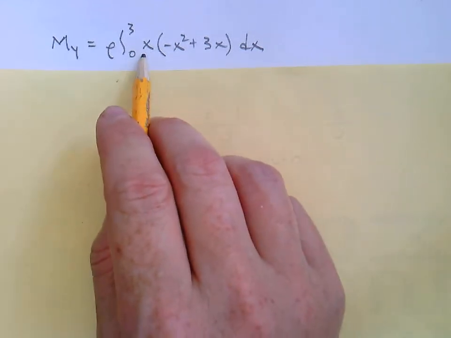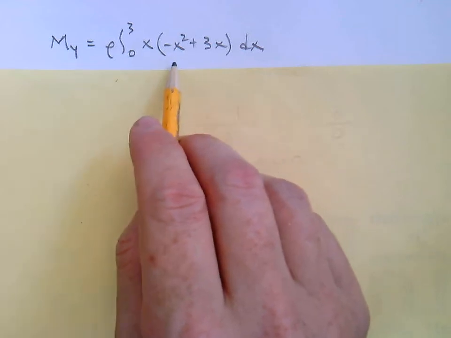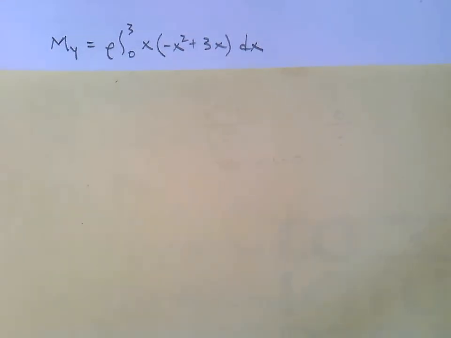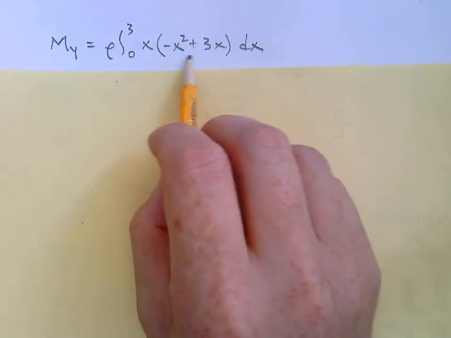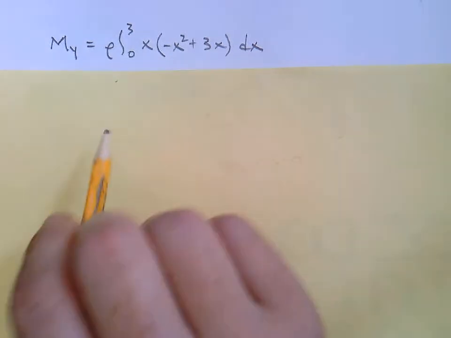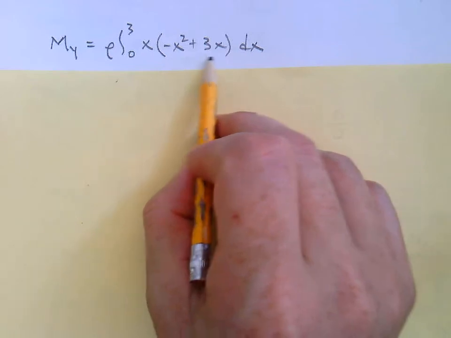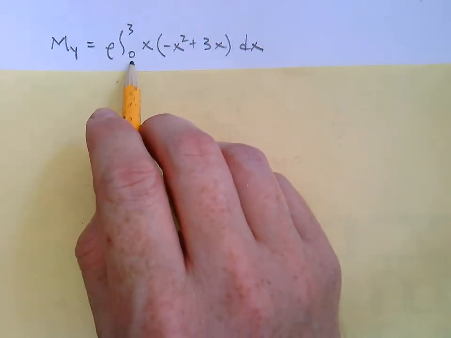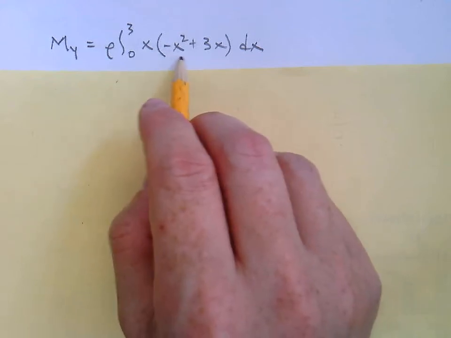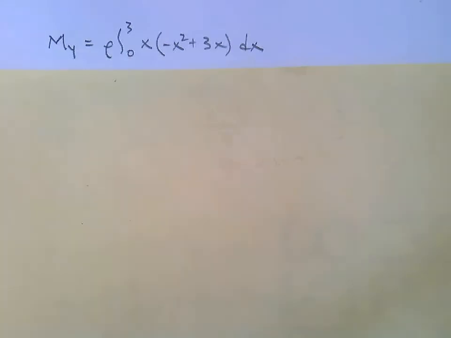So remember, it's x times the difference of the two functions. What's kind of nice about doing the total mass first is we've already simplified the difference of the two functions. So I've just put that simplified version in here. So we've got rho, integral from 0 to 3, x times that difference, negative x squared plus 3x.